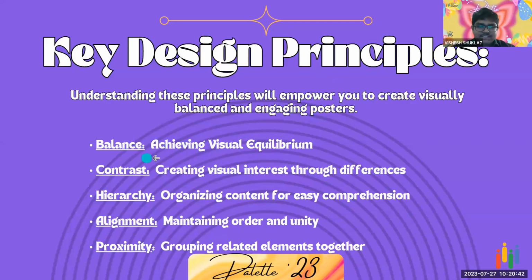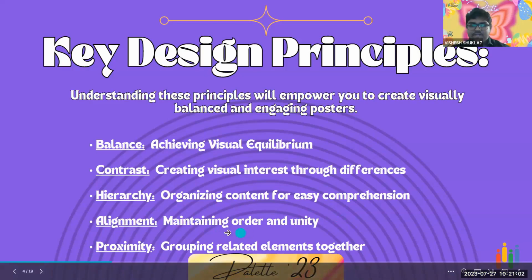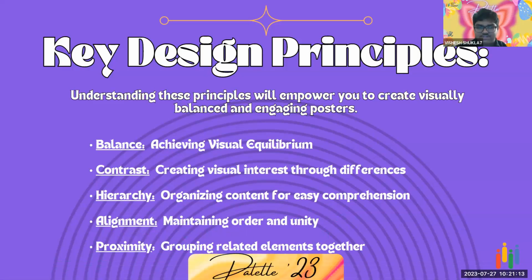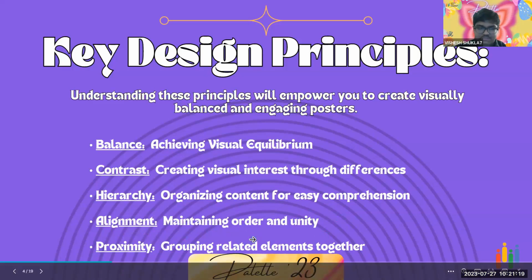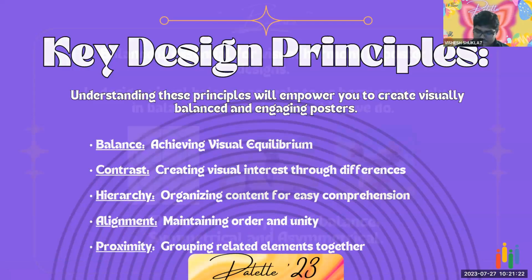Those are balance, achieving visual equilibrium; contrast, creating visual interest through differences between your design elements; hierarchy, to organize content for easy comprehension; alignment between the different elements to maintain order and unity; and last but not least, proximity and separation, to group related elements together. So let's start with the first key designing principle, which is balance.